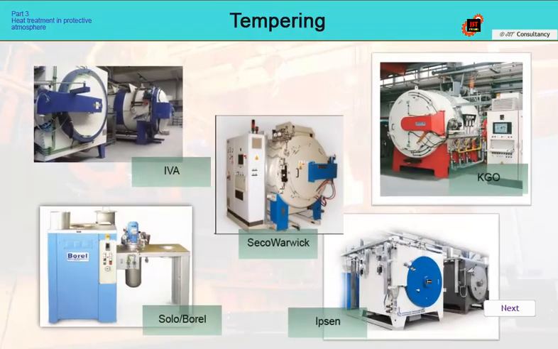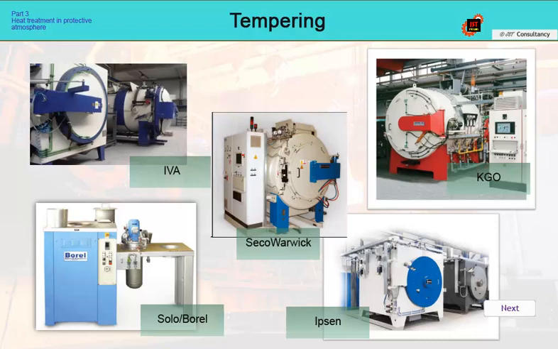A typical example are retort tempering furnaces with indirect heating from companies such as Ipsen, IVA, KGO, Borel, or Seco Warwick. Their principle is based on the fact that the batch is loaded into a retort, not heated directly, but through a flow of protective atmosphere.